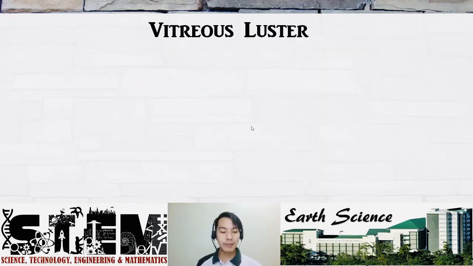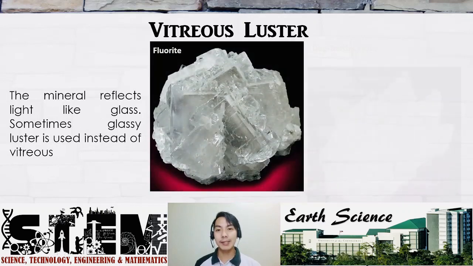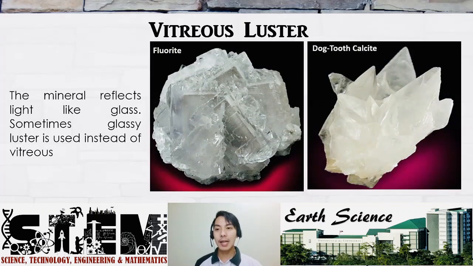We now have the different types of non-metallic luster, starting with vitreous luster. When we say vitreous luster, the mineral reflects light like glass. Sometimes glassy luster is used instead of vitreous. As long as the mineral looks like glass, it exhibits a glassy or vitreous luster.